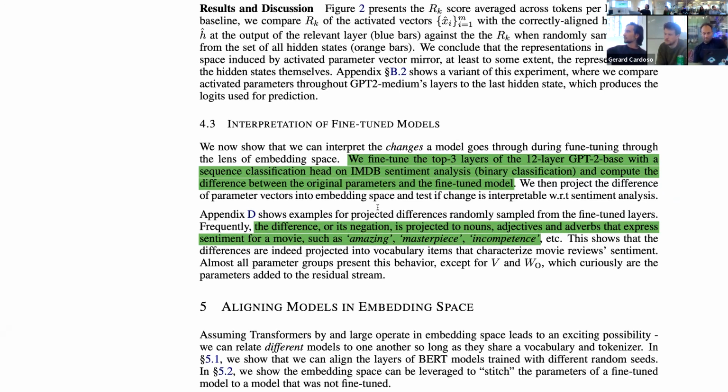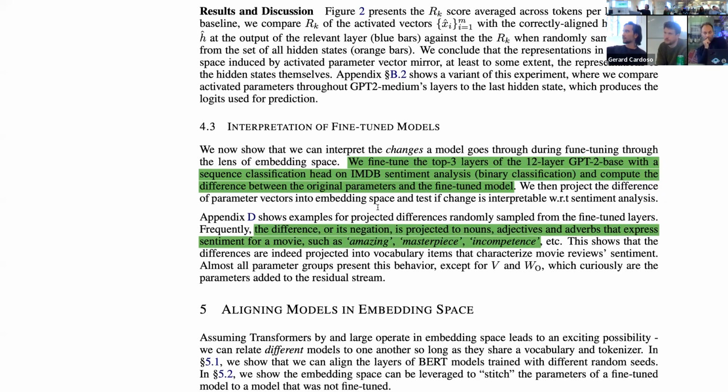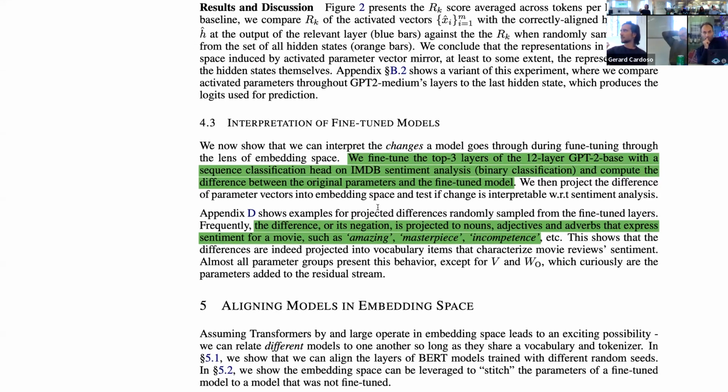What they find is that, interestingly, in some cases, and again, they cherry pick cases, which I think is one of the negative points of this paper, because it feels like they can just cherry pick examples that suit their needs, the negative difference in the parameter changes is projected to things that express sentiment.